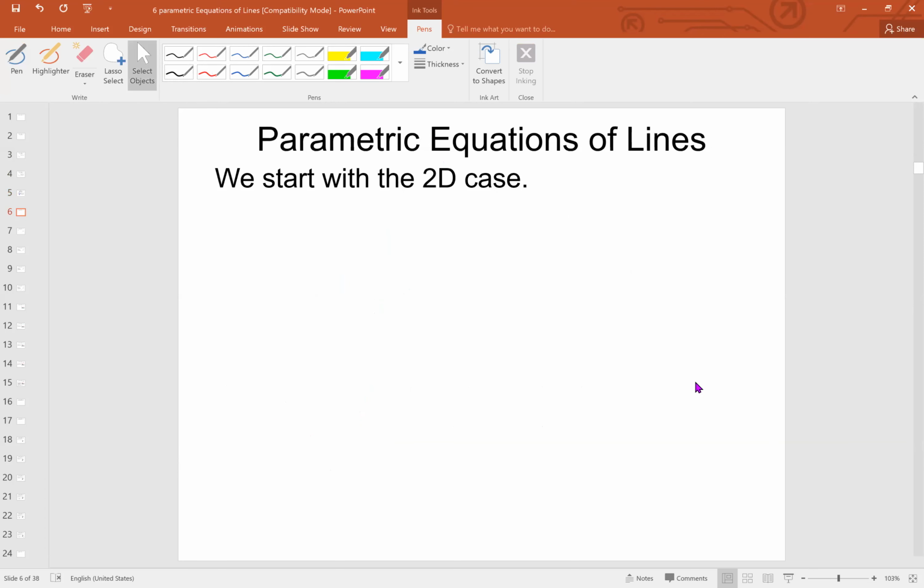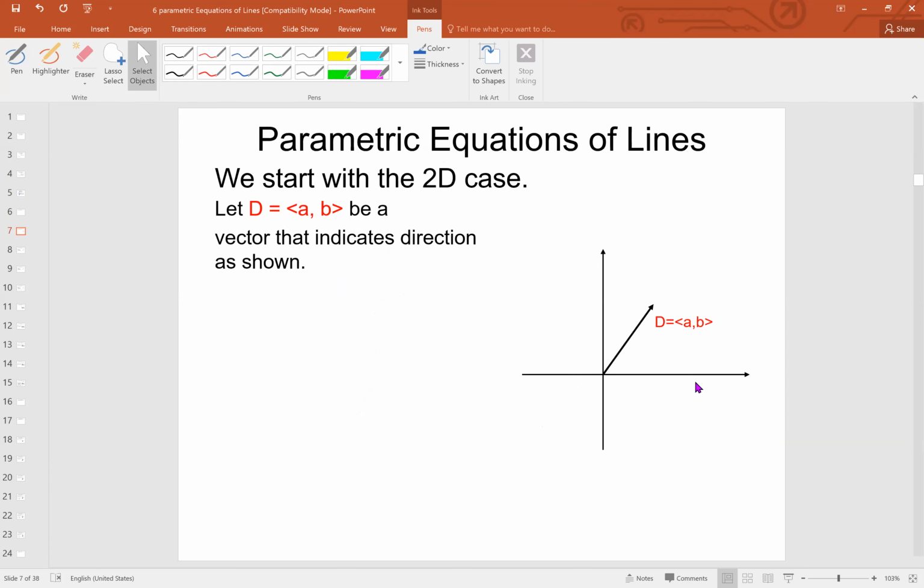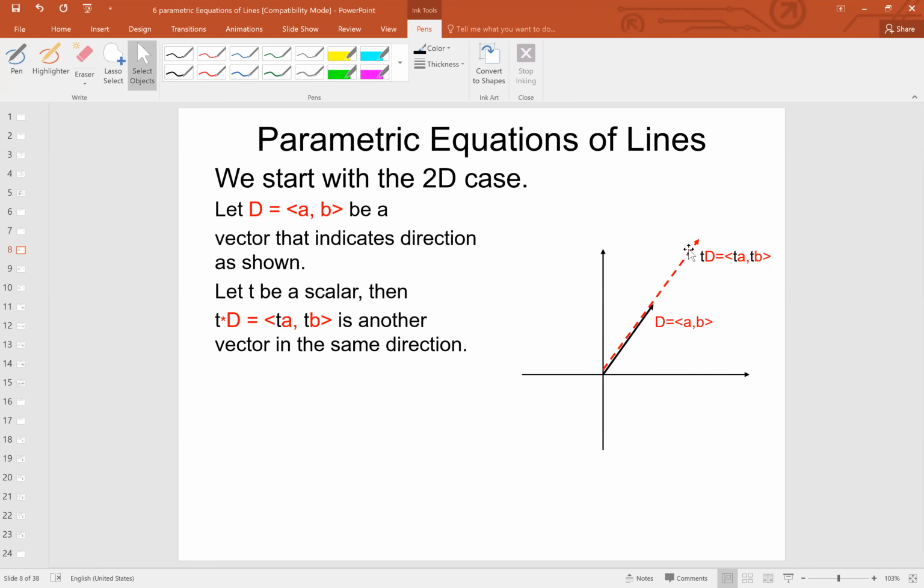The second thing is how to describe a line passing through the origin. If I have a vector d, and d stands for direction, and I want to express all the points on this line in the form of vectors, that's just t times d, where t is a scalar.